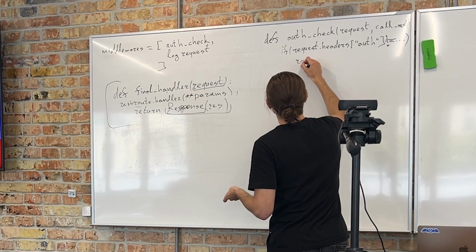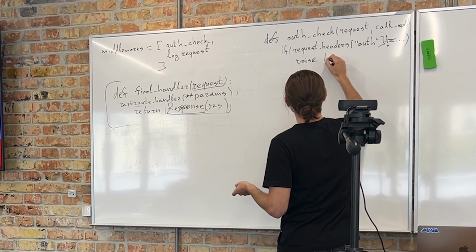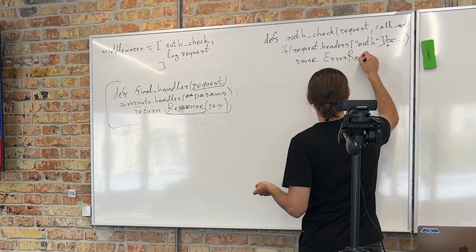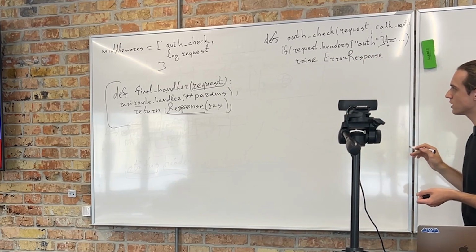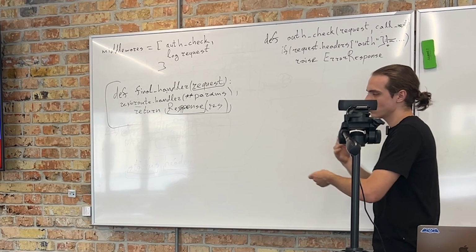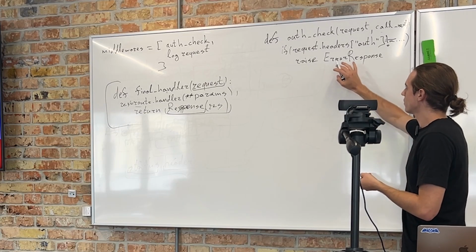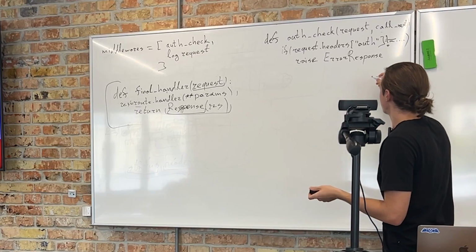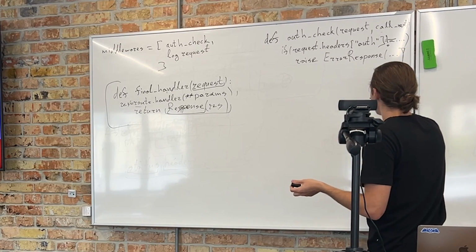So we will raise some error response. For example, this is a class that we inherit. So the error response inherits from a response, for example, and we give some information to the error response.